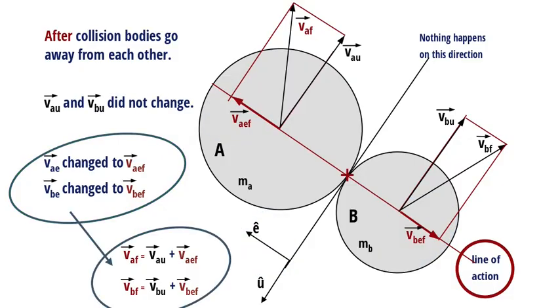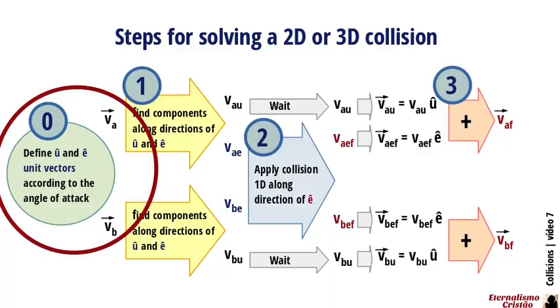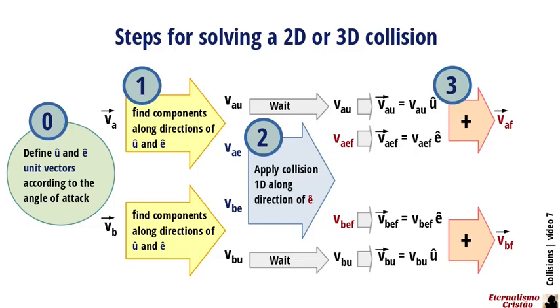So the change from the initial to the final velocities of bodies A and B is due to the change in their components along the line of collision, the line of action. These are the steps needed for solving a 2D or 3D collision. Note that, for a 3D collision, you just add a third dimension z, but the method is exactly the same.